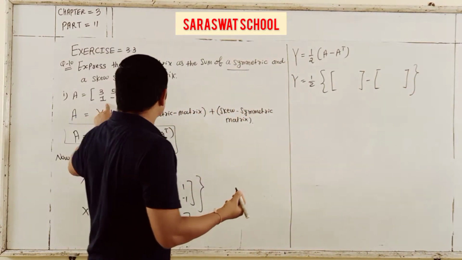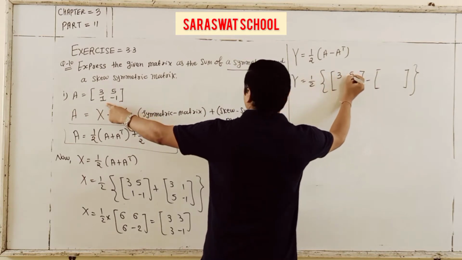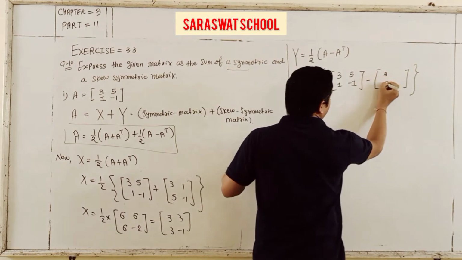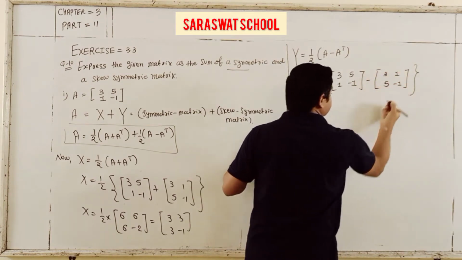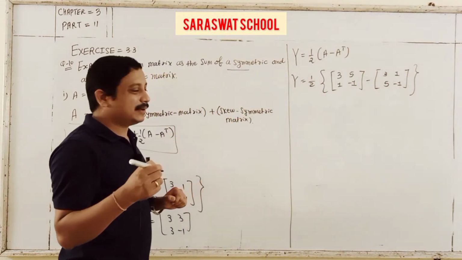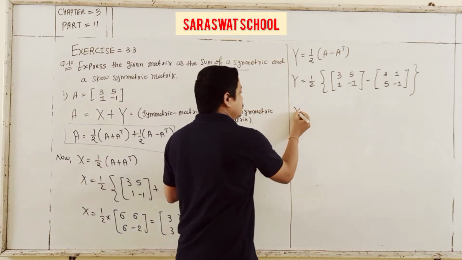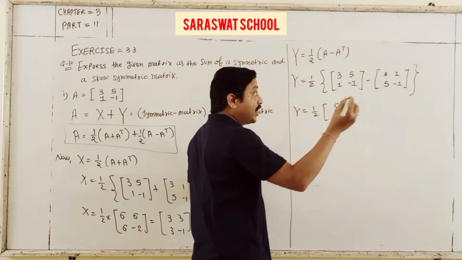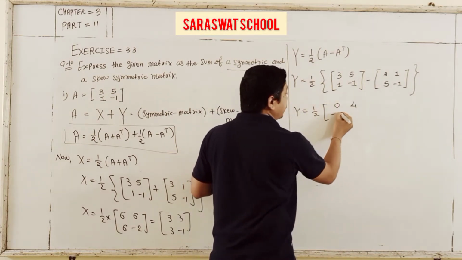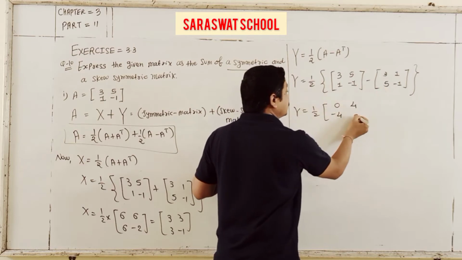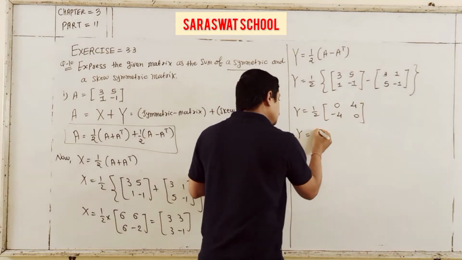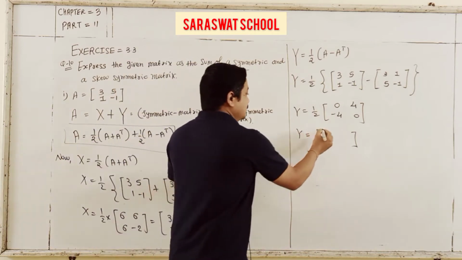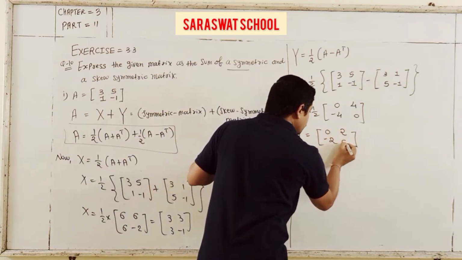A is 3, 5, 1, minus 1, and in the same way the transpose is 3, 5, 1, minus 1. Row applies to column. So Y becomes half of 3 minus 3 is 0, 5 minus 1 is 4, 1 minus 5 is minus 4, and minus 1 plus 1 becomes 0. Divided by 2, so here 0, 2, minus 2, 0.